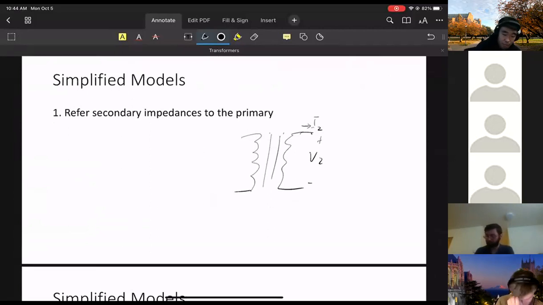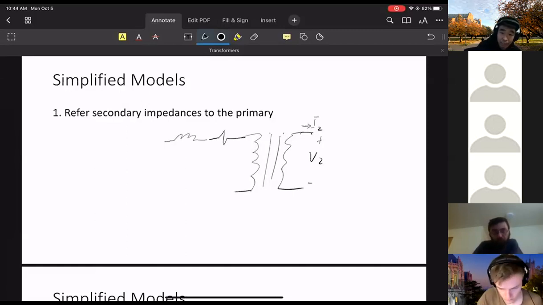If I refer things to the primary, the secondary resistance and the secondary reactance get reflected to the primary. This is (N1 over N2) squared R2, and this is j (N1 over N2) squared X2. This goes to the primary side.